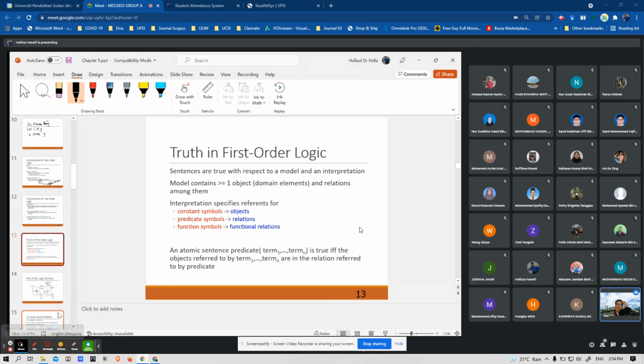Okay, and then an atomic sentence with a predicate, for example, predicate of term one until term n, is true if and only if the objects referred to by term one, term two, and so on are in the relation referred to by the predicate. This one is the truth value. It must contain more than one object and must have a relationship among them.